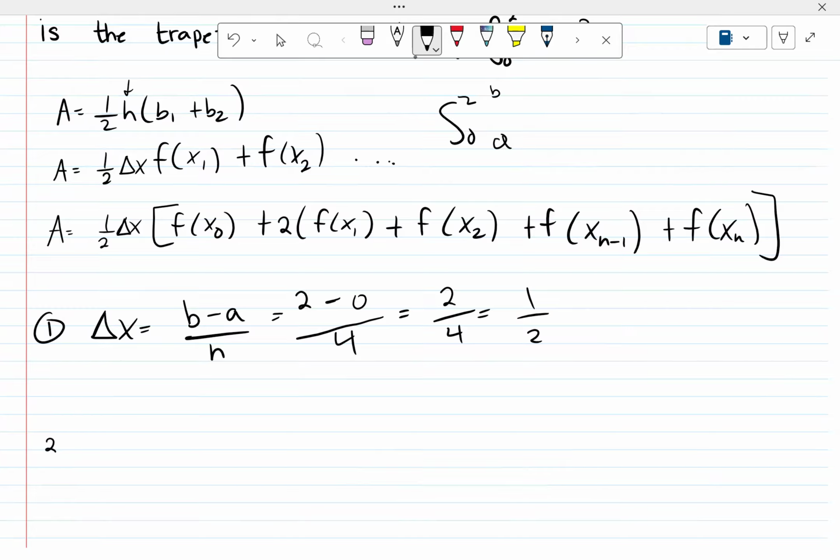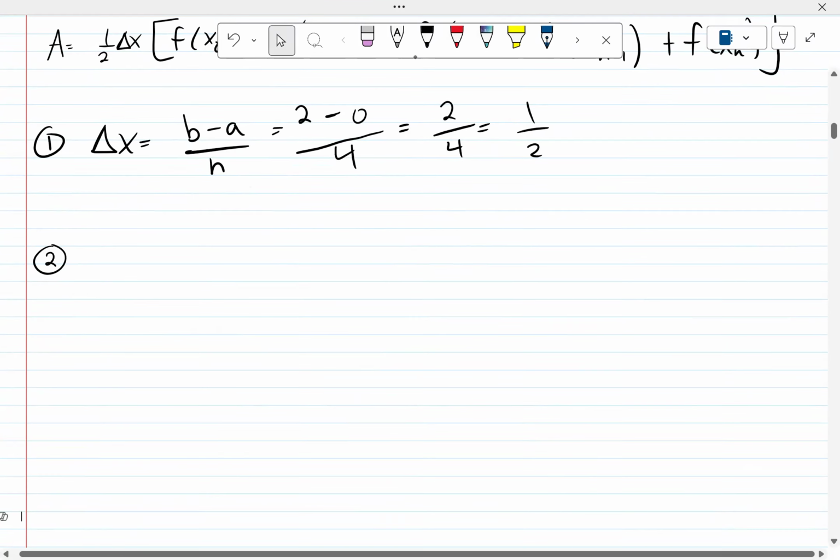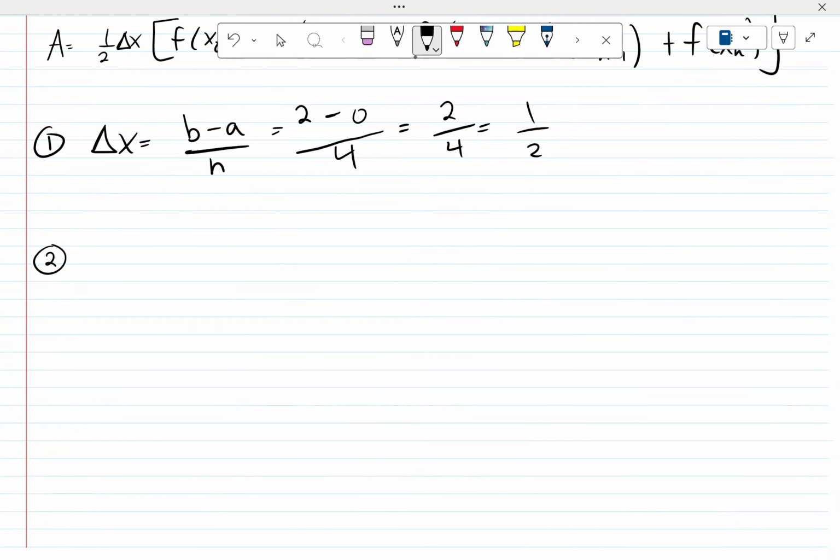Now let's do step 2. Step 2 would be, kind of draw an image. So it's going to look like this. Start from 0, and then 0.5.